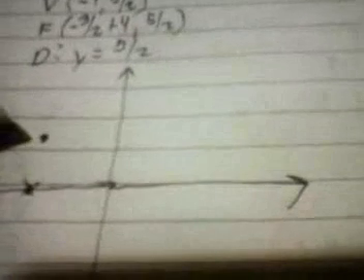You have to estimate this in accordance to the order. This is outside of the foci, right? Now our directrix is y is equal to 5 halves, so here on the y, 5 halves also. So we have to graph it now.